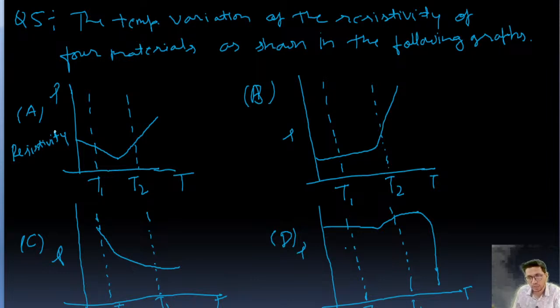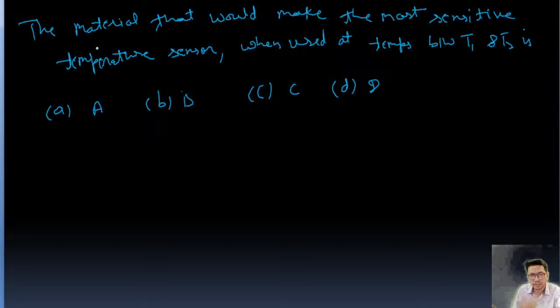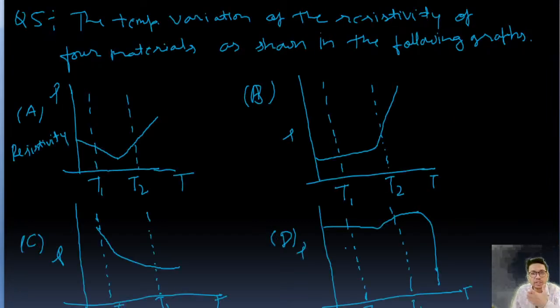Now we need to solve it. It is asking for the material that would make the most sensitive temperature sensor, so we have to use the property of the resistivity of the material.